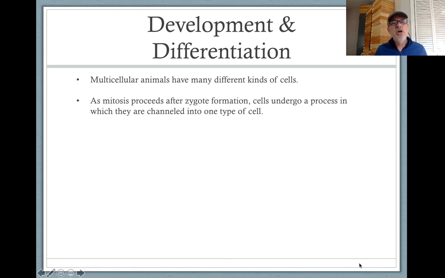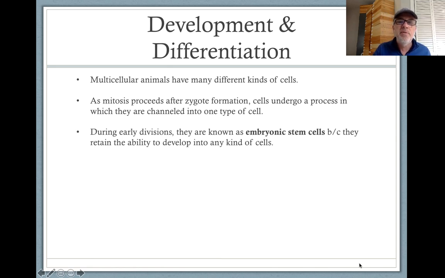Well, as mitosis proceeds, cells undergo a process in which they are channeled into one type of cell or another. Now, during early division, these cells are known as stem cells or embryonic stem cells because they retain the ability to develop into every kind of cell.